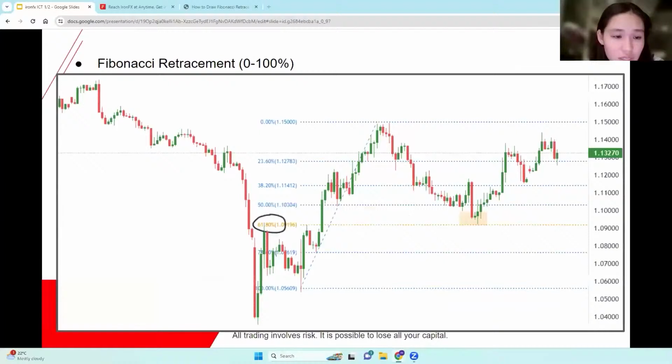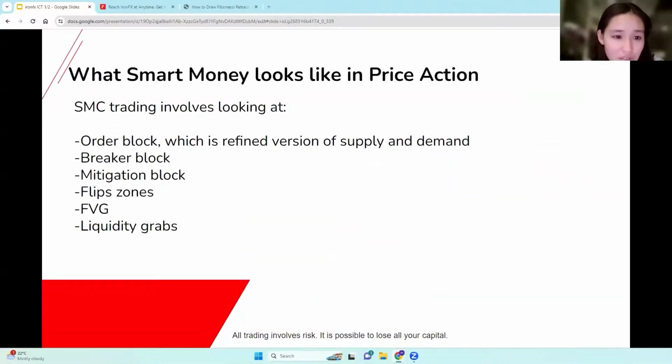Now let's look at what smart money looks like in price action. SMC trading involves looking at order blocks, which is a refined version of supply and demand of an asset, and then your breaker blocks or mitigation blocks.